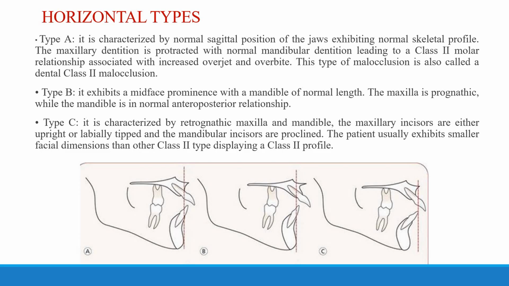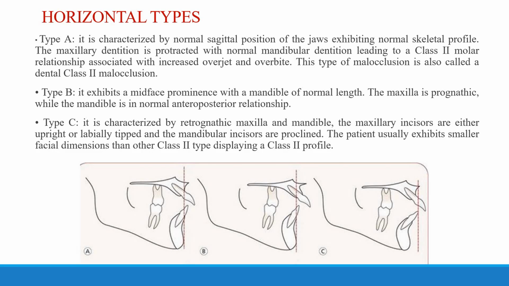Type A is characterized by normal sagittal position of the jaws exhibiting a normal skeletal profile. The maxillary dentition is protracted with normal mandibular dentition, leading to a class 2 molar relationship associated with increased overjet and overbite.